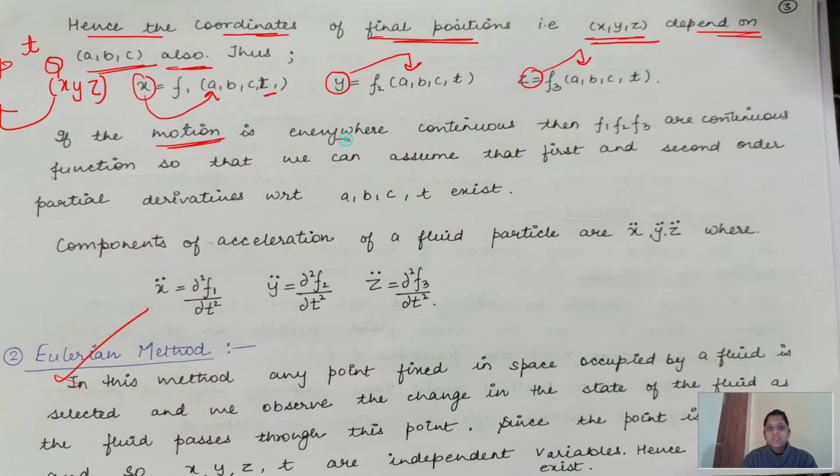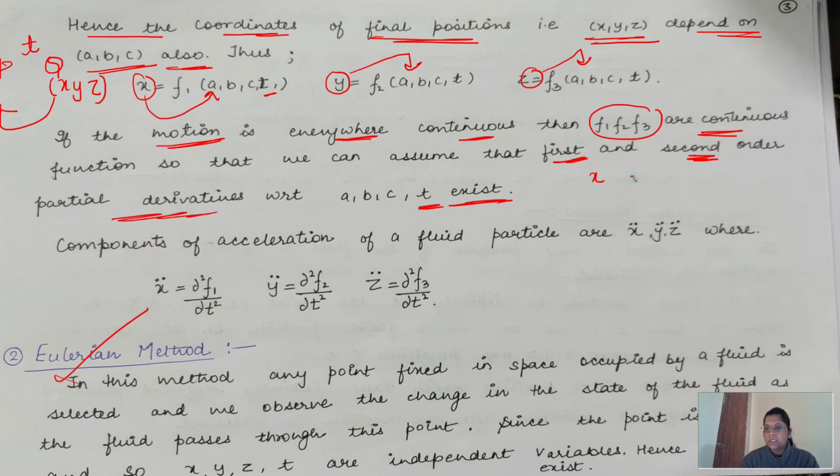If the motion is everywhere continuous, very smooth, then the functions are also continuous, so we can assume that first and second order partial derivatives with respect to a, b, c and t exist. It means if we have a final position coordinate x, then we can find the velocity with respect to x position, and the acceleration with respect to x position.